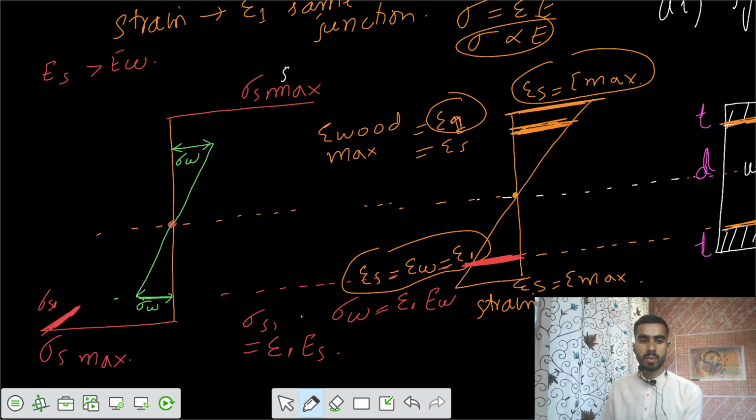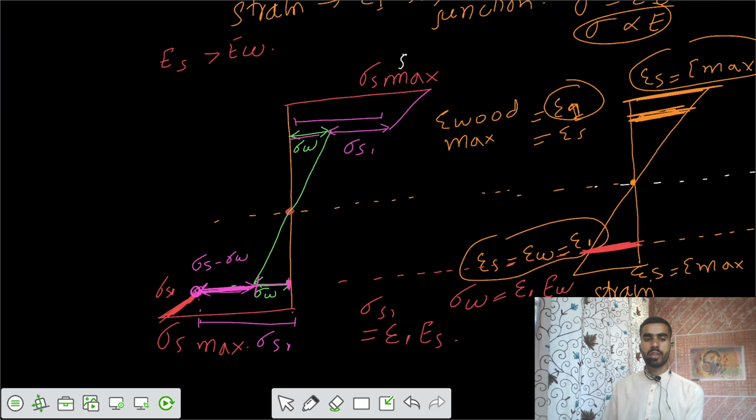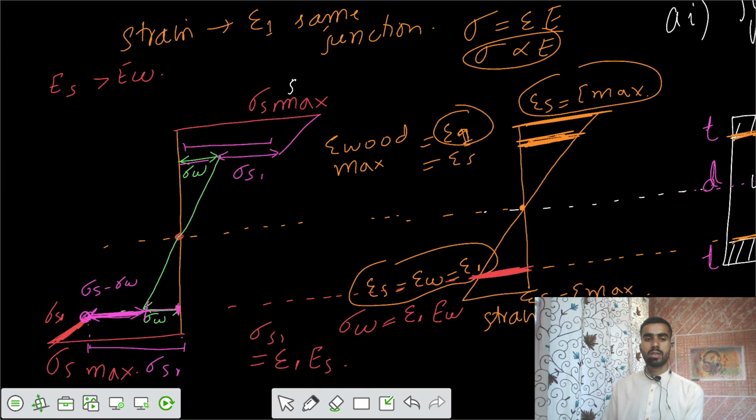So this is the drop, equal to sigma S minus sigma W. The total value here was sigma S1, and out of this, this is your sigma W. Similarly you have sigma W, then a rise such that the overall value is sigma S1, and after that you decrease the value downwards. So this is the stress variation.